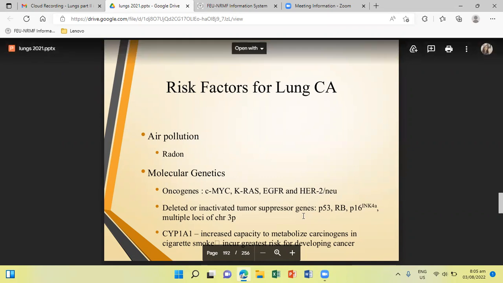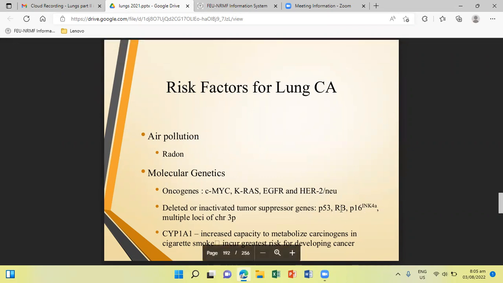CMYC and retinoblastoma are common in small cell carcinoma. RAS and P16 are common in non-small cell carcinoma. And people with certain alleles of CYP1A1 have an increased capacity to metabolize procarcinogens derived from cigarette smoke and conceivably incur the greatest risk of developing lung cancer.